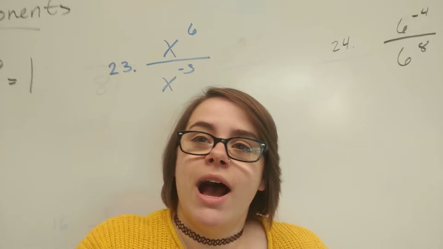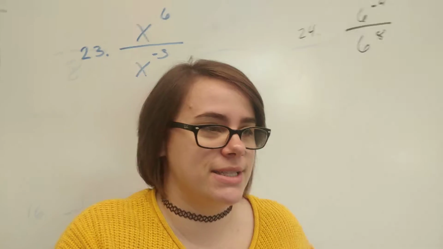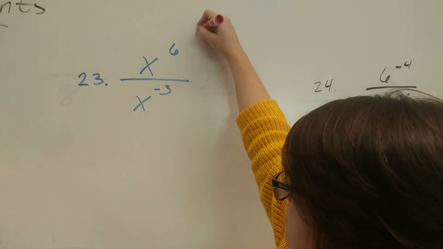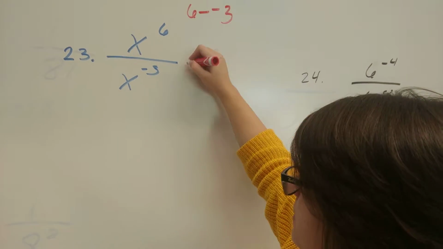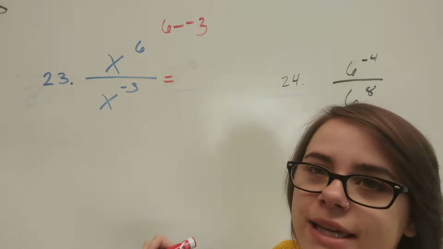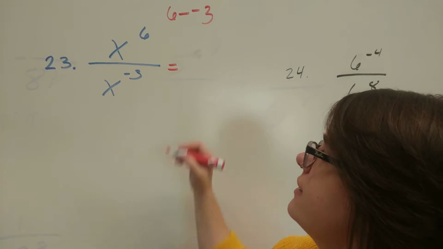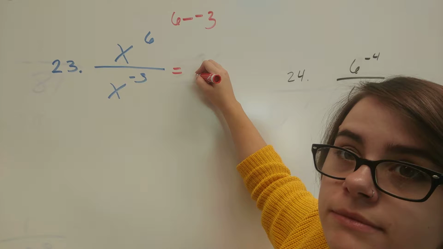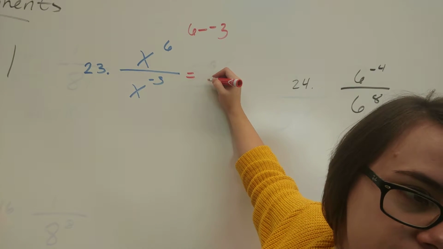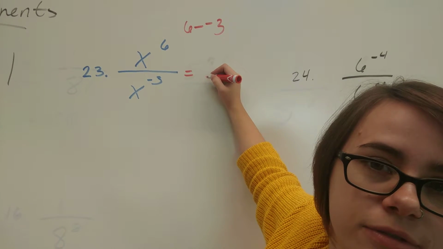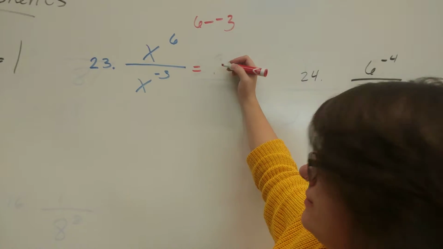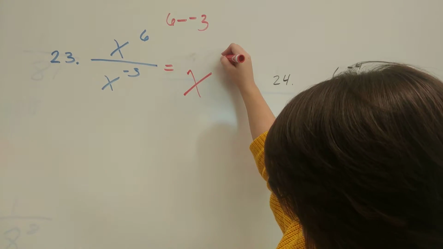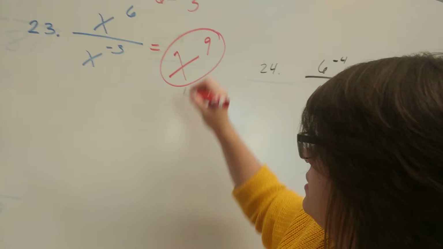No. I'm going to do 6 minus negative 3, because I'm doing the top minus the bottom. Kaylee, what's 6 minus negative 3? Bear, you got a calculator. It's 9 and I'm done.